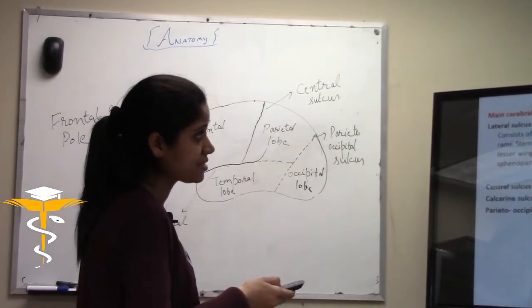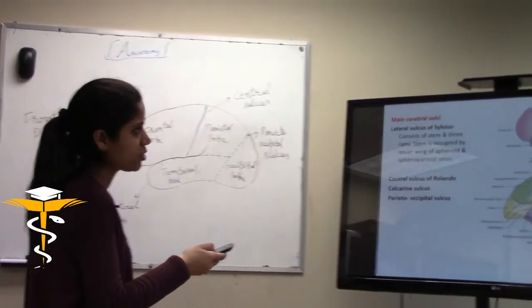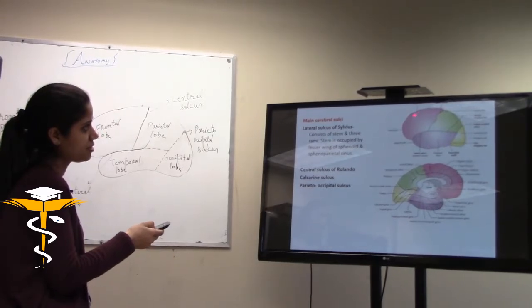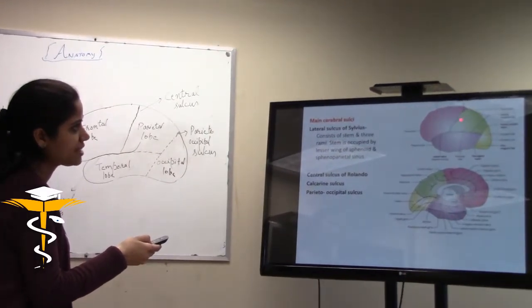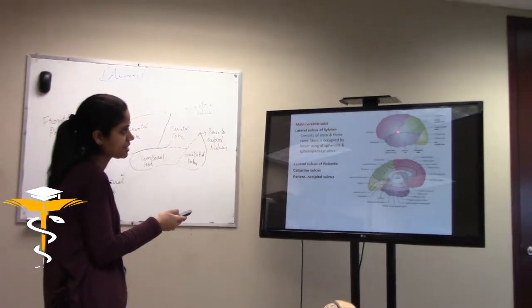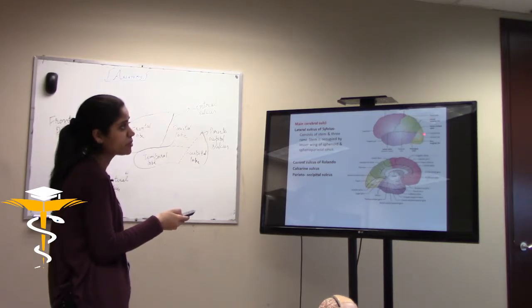So again, this is the color demarcation for the various lobes. This is the frontal lobe lying in front of the central sulcus, depicted in pink color, whereas this green color depicts the parietal lobe, and it is lying behind the central sulcus, above the lateral sulcus and in front of the parieto-occipital sulcus. The next is the occipital lobe, shown in yellow color, and it is lying behind the parieto-occipital sulcus.